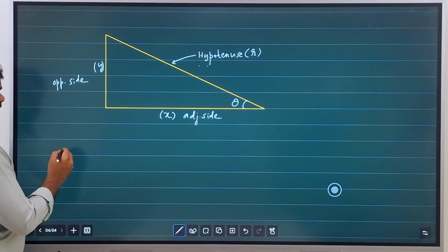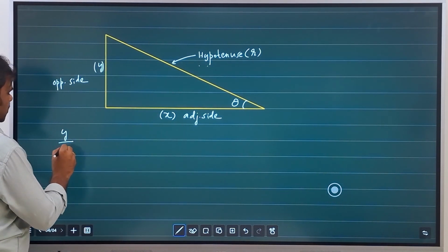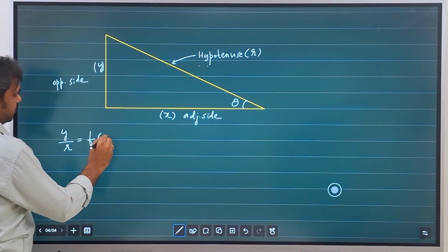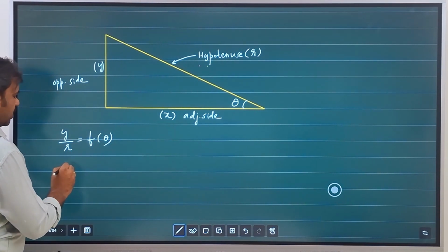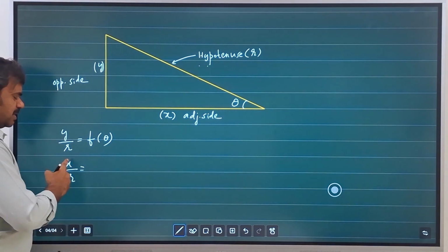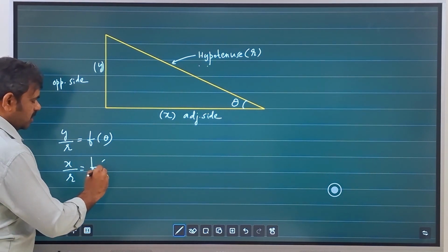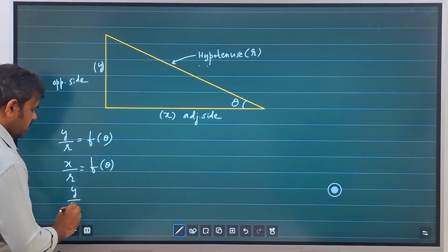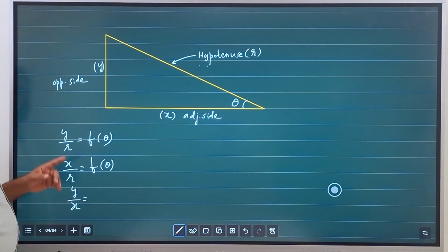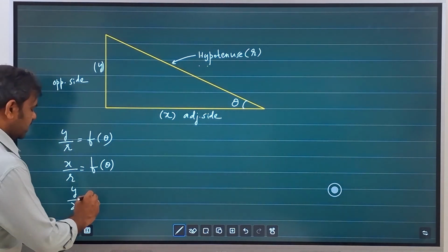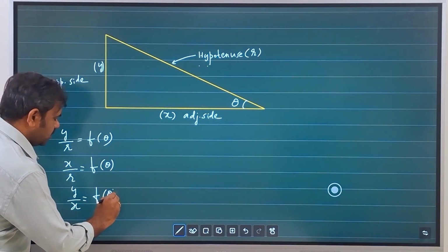We said the ratios of sides y by r depends on theta, and similarly x by r, adjacent side divided by hypotenuse, depends on theta, and of course the ratio of vertical side to horizontal side or opposite side to adjacent side also depends on theta.